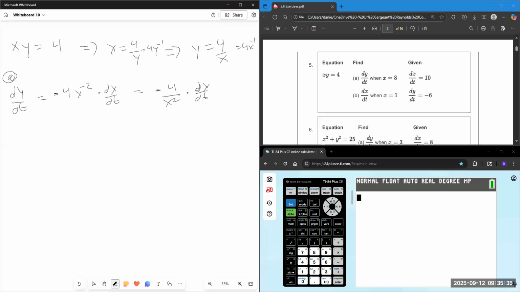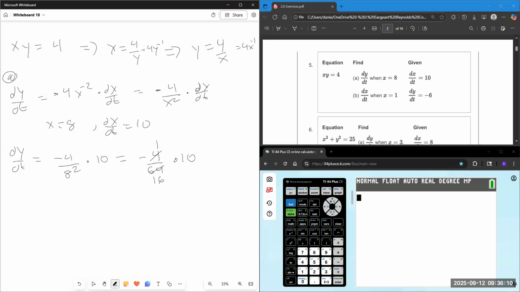All right, so for part A, we have that. And so we want to find dy/dt given x is equal to 8 and dx/dt is equal to 10. Make my substitutions. dy/dt is equal to a negative 4/8 squared times 10, which is a negative 4/64 times 10. 4 goes into 64 16 times.